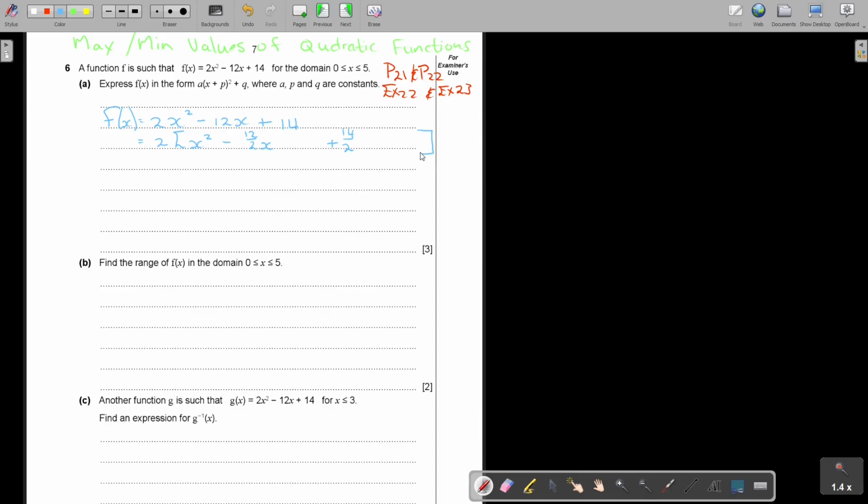Okay, now just to stand out, I'm taking this 6 and I divide it by 2. Always the middle term must be divided by 2. I'm just going to use another color so that you can see this. So this is plus 3 squared. And then whatever you add, you subtract. Okay.